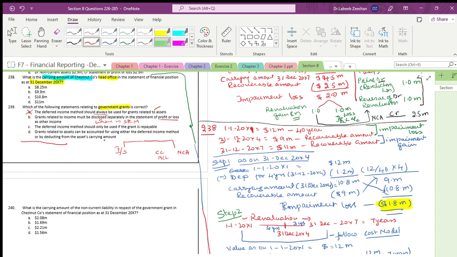The deferred income method should only be used if the grant is repayable. If it is not repayable, in the other case also what happens? We will use the grant subject to the current year, and for the next year the rule is the same. You are getting 1 million for 2 years.